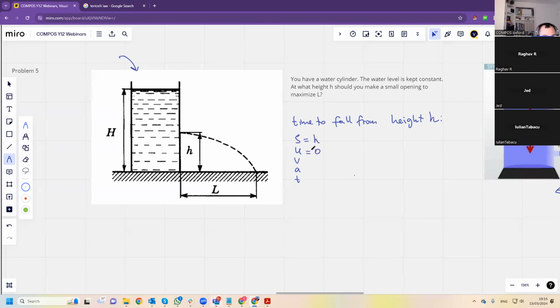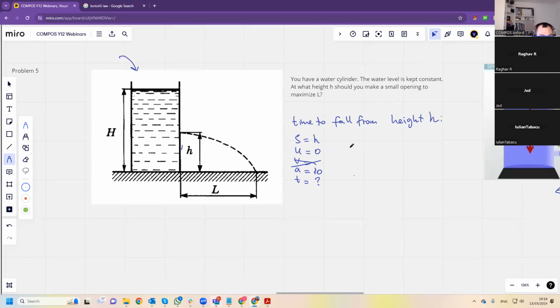The initial velocity is 0 because it's falling vertically. We just need the time: if you release something from a height h, how long will it take to fall? Final velocity we don't need. Acceleration is 10, and time is the question mark.